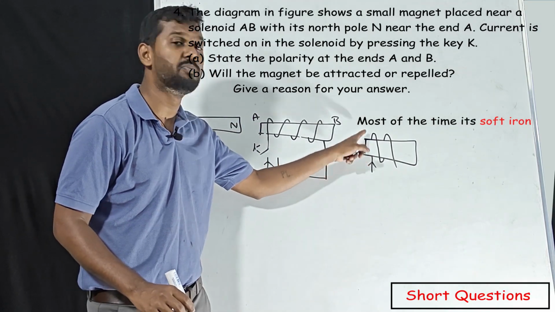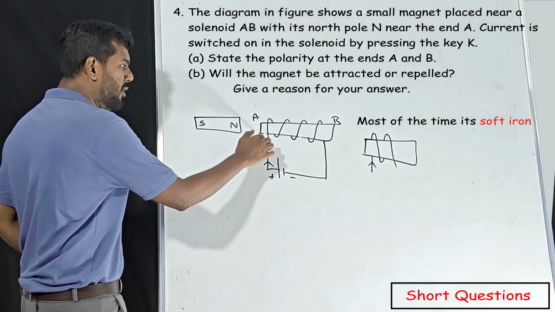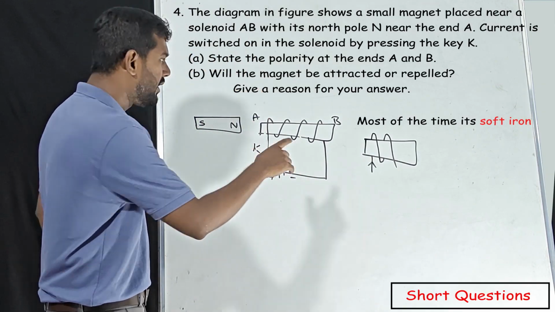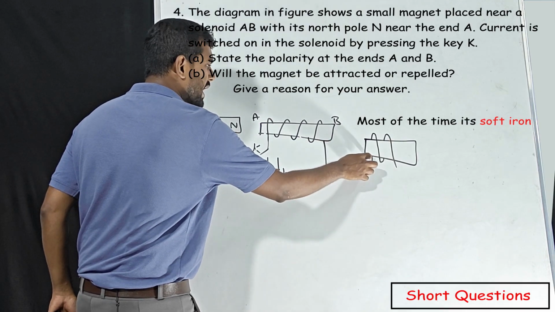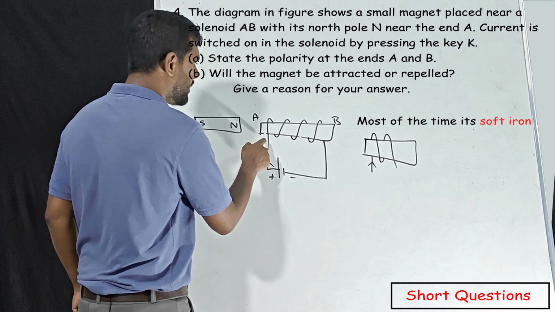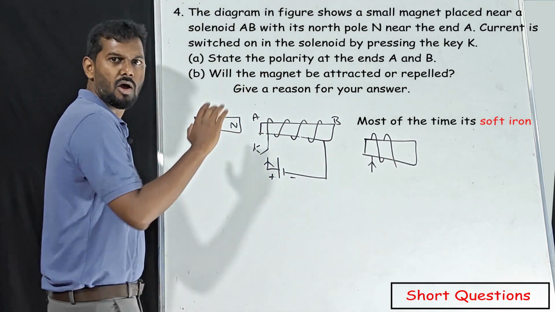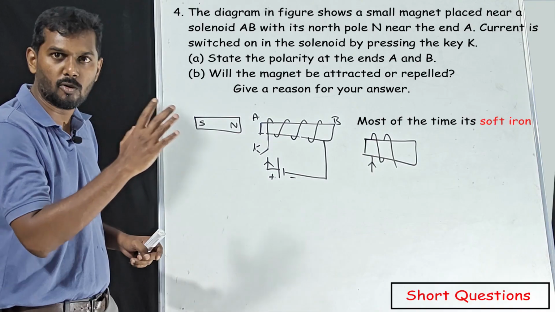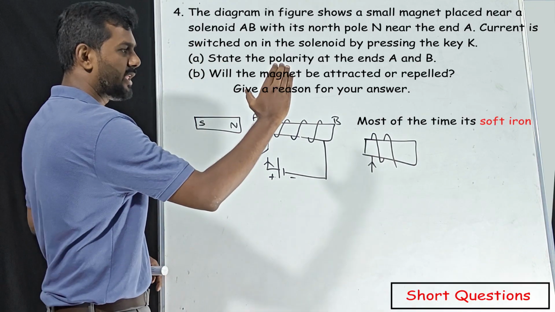Here the first line is behind. If the first line is above, you have to hold it like this. If the first line is behind, you have to hold it like this. Anyhow, in this diagram it is above, so you have to hold it like this.